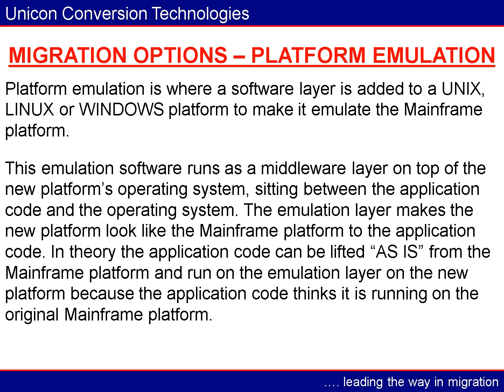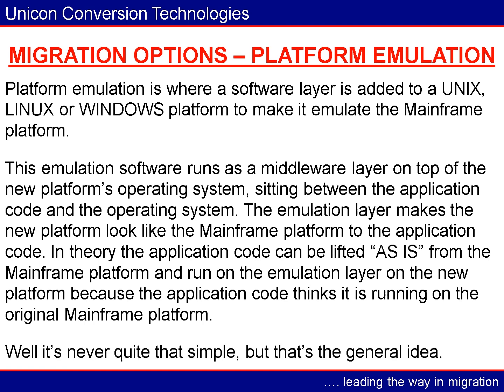The emulation layer makes the new platform look like the mainframe platform to the application code. In theory, the application code can be lifted as is from the mainframe platform and run on the emulation layer on the new platform, because the application code thinks it is running on the original mainframe platform. Well, it's never quite that simple, but that's the general idea.